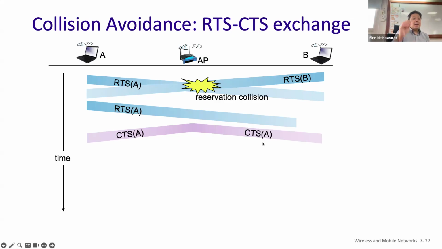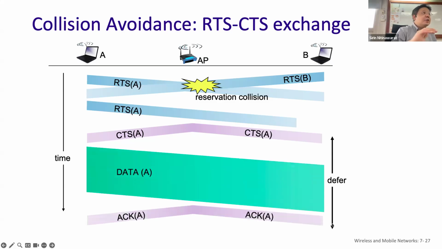So this clear to send frame will be heard by everyone, and then sender B will know, because this clear to send frame has the user identity associated with it. User B will know that after this reception, it should defer the transmission, allowing user A to send the real payload to the AP.